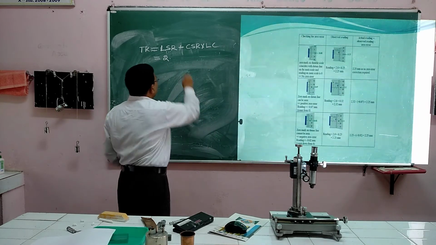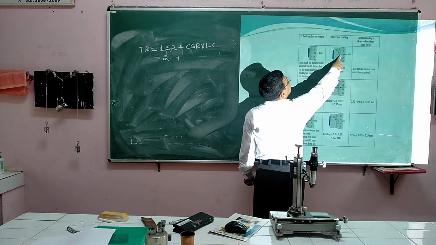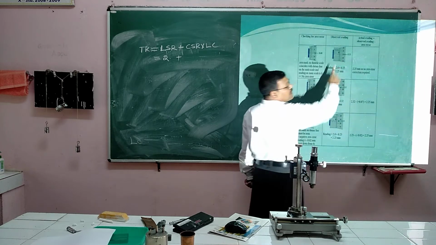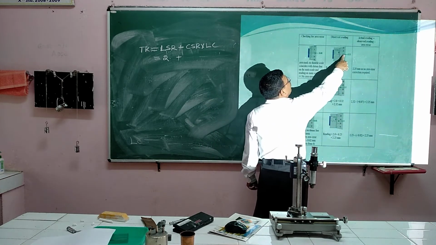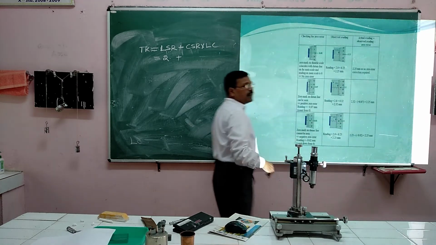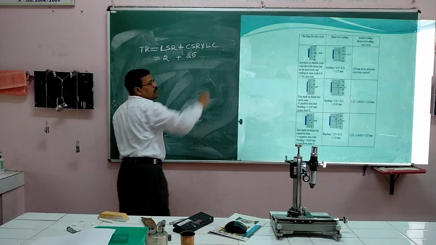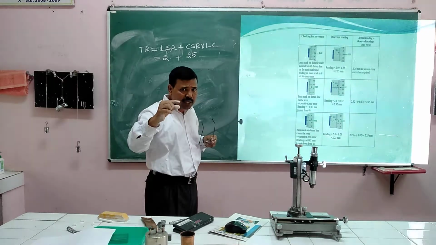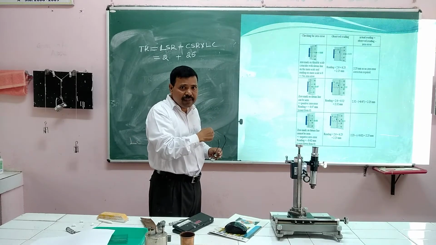Plus the circular scale reading. The circular scale reading here is the 25th division. The 25th division of the circular scale coincided with the reference line.